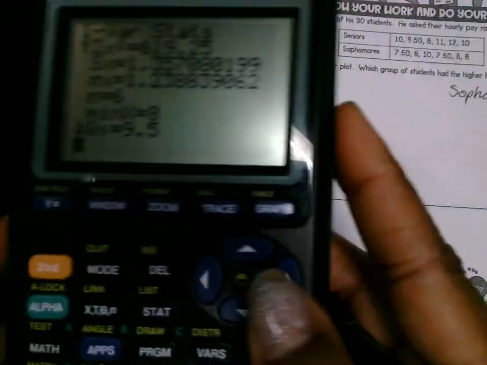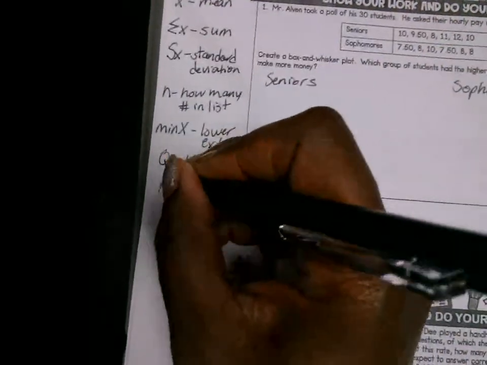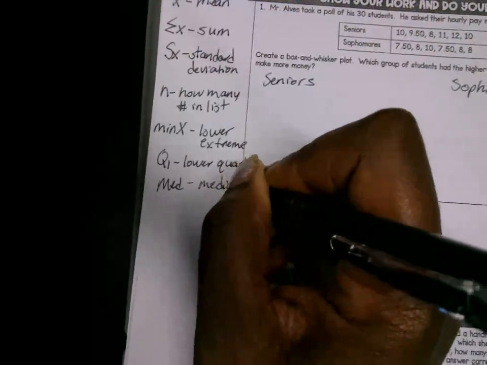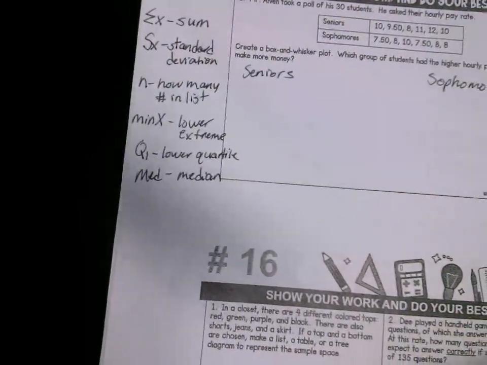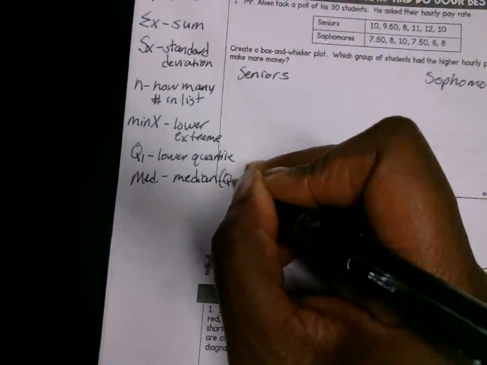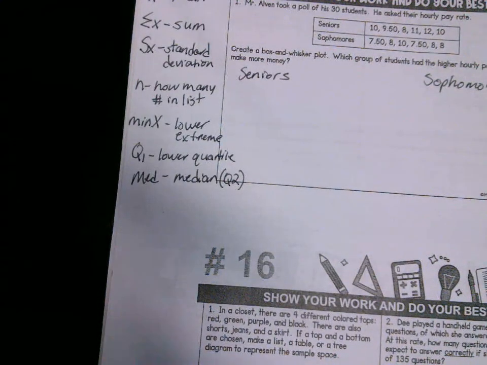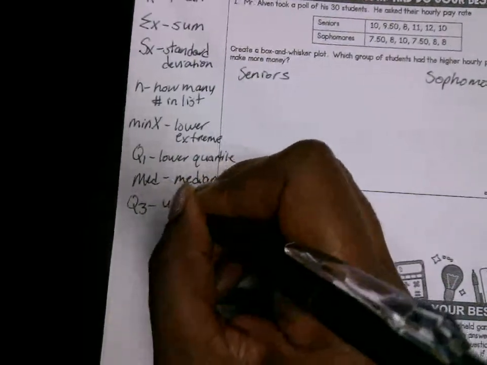Press the down arrow. What's the next value? MED. What do you think MED means? Median. Sometimes you'll see Q2. That's half of the list. Median is also Q2, which is half of the list. Press the down arrow. What do you see? Q3. What do you think Q3 is? Upper quartile.